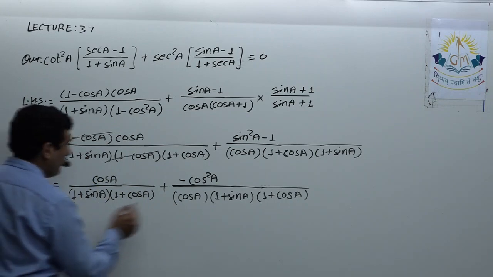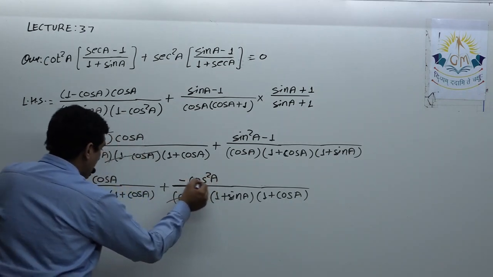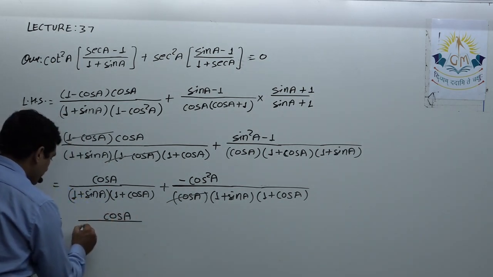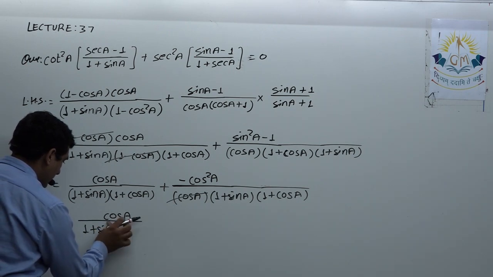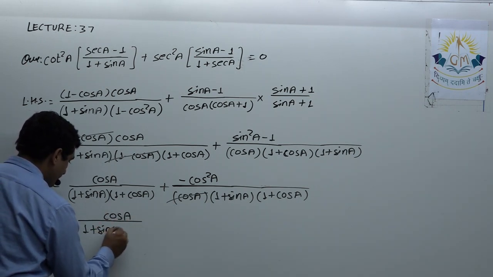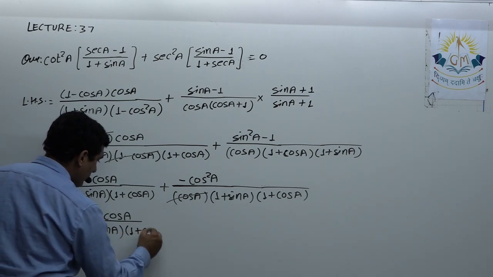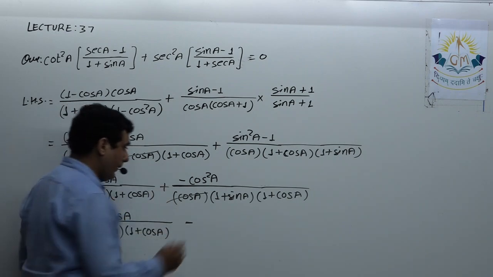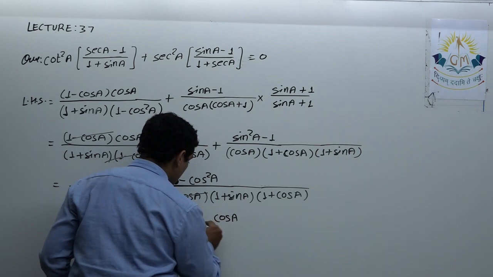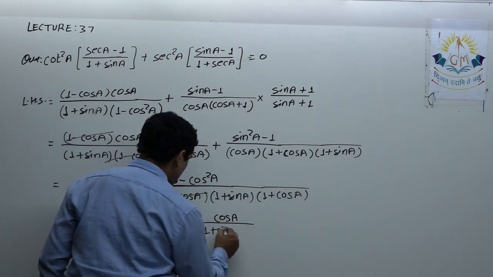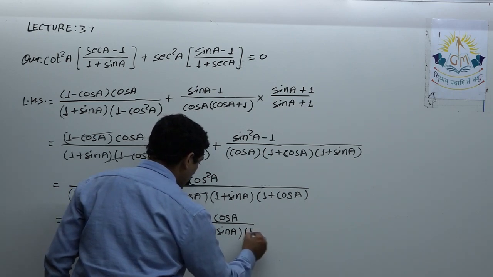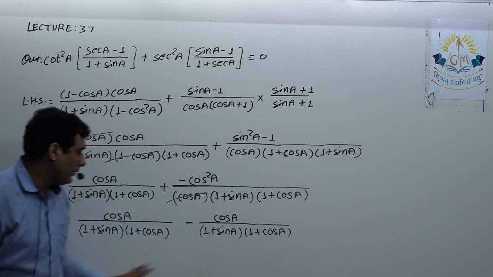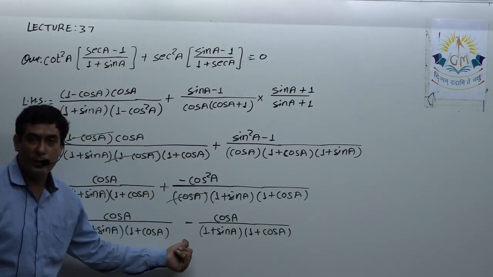Okay, so this is almost done. Over here the sign will be there. So ultimately here I will get cos A upon 1 plus sin A, and here plus minus sign, so it will become minus cos A upon 1 plus sin A. Now you can see these two terms are exactly same but opposite in sign.